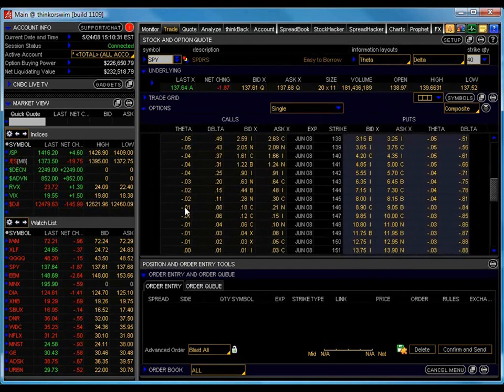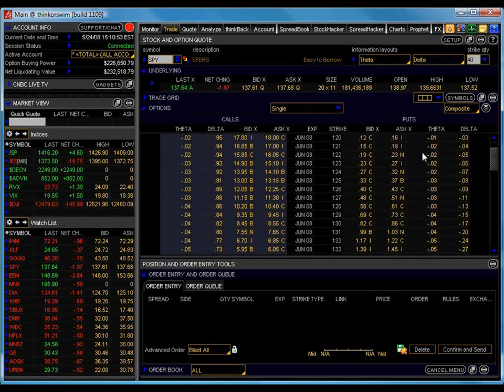In the last example, we were selling the 142 call. It had a theta of 4 cents. We were buying the 143 to protect it, so if you subtract those two, we had a 1 cent theta on that one, and we probably had pretty close to the same theta on the downside here.